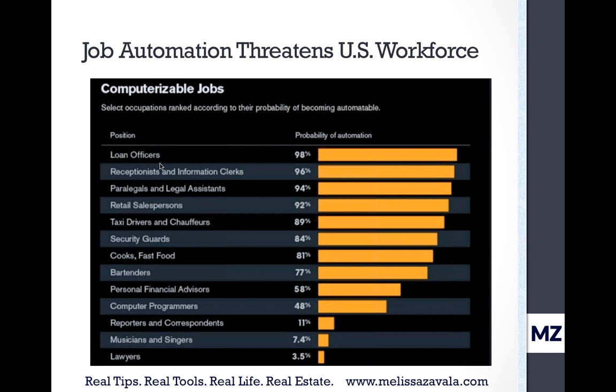It is slightly better, according to Frey and Osborne and Oxford University, for real estate professionals. For real estate professionals, they say the probability of automation is 86%. That's still not so good.